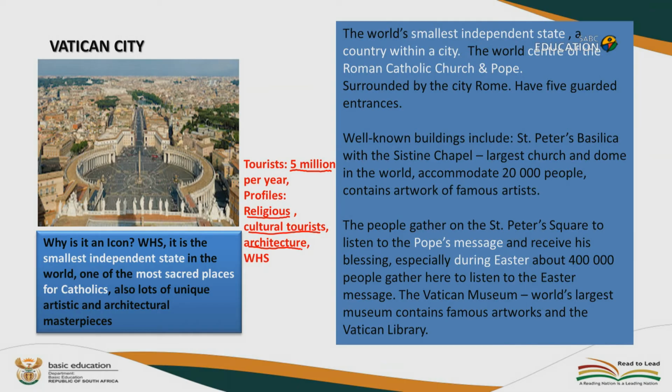That is why it is the religious part of it. It is the center of the Roman Catholic Church where the Pope is. It is important to the Roman Catholics.